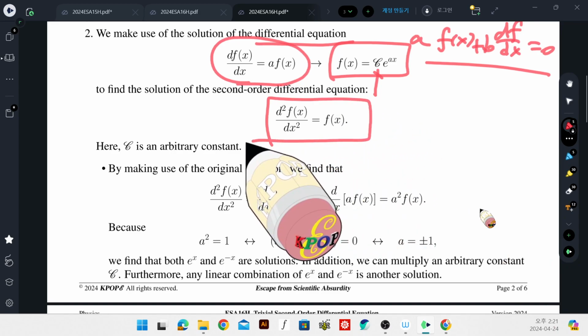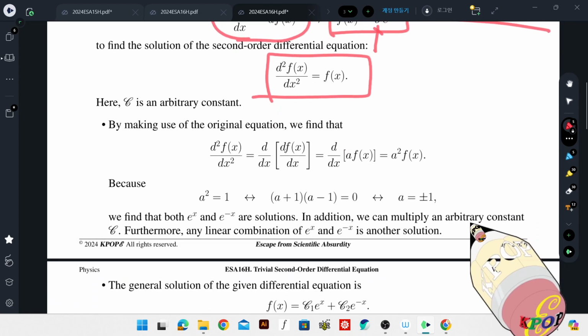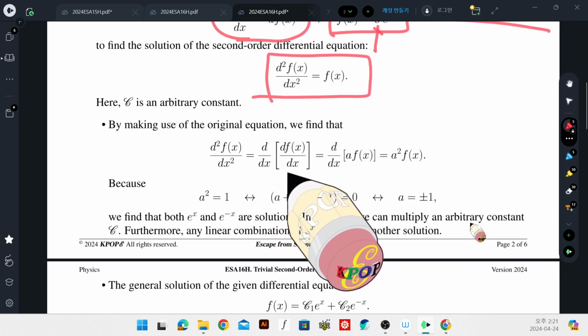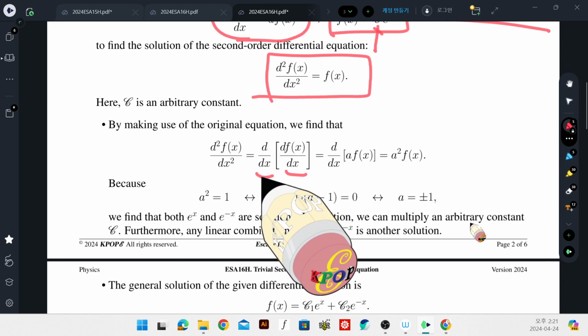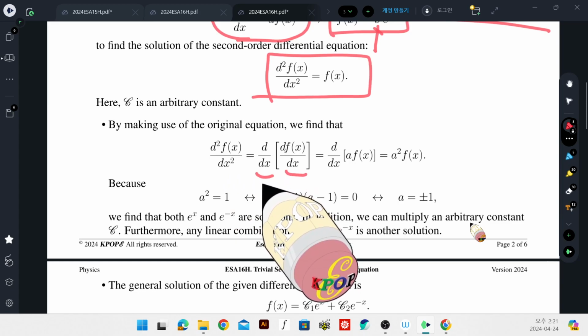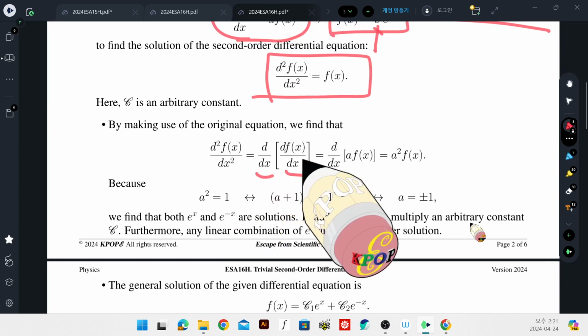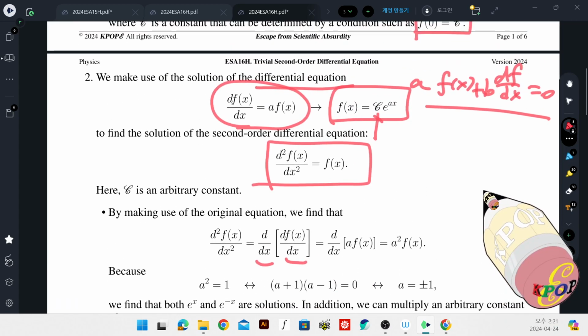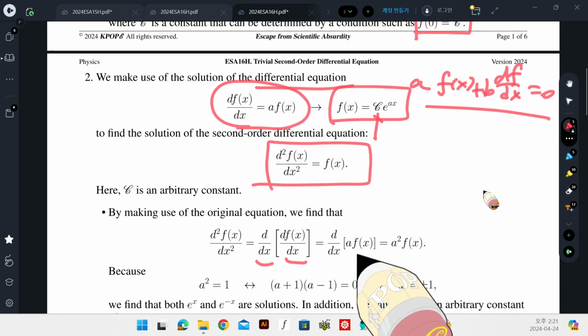What about the second-order differential equation? Now, it can be expressed in terms of first order and another first-order derivative of f. Now, we know this expression.